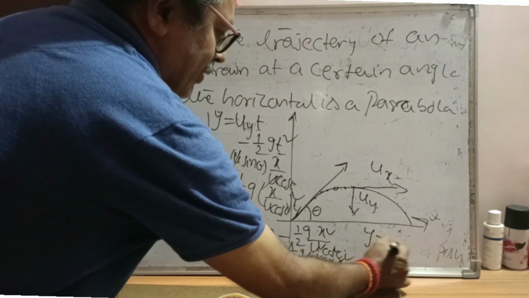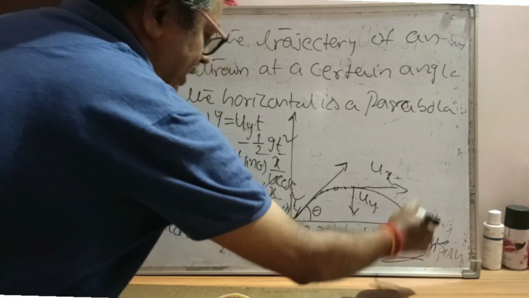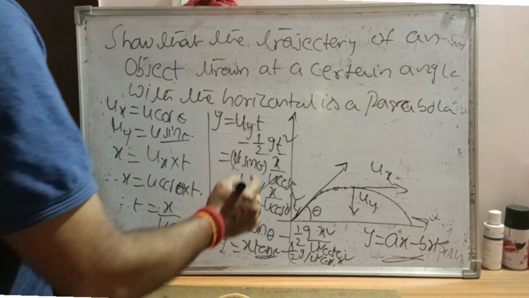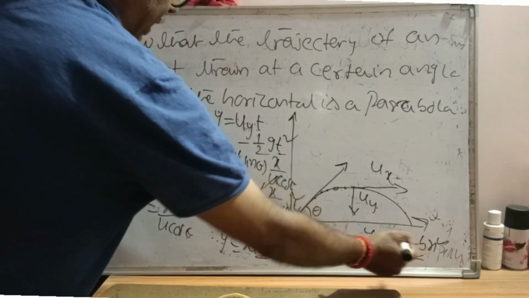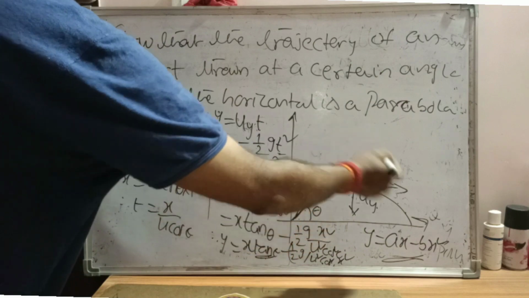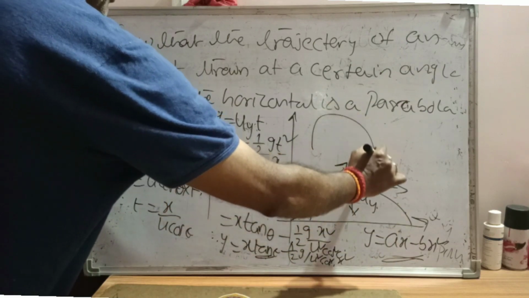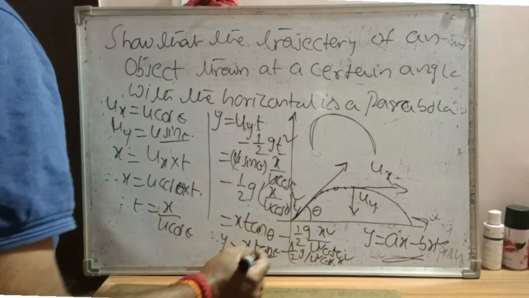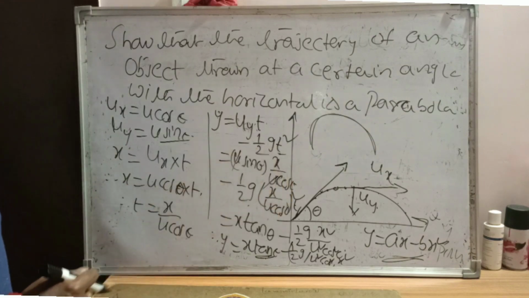Now the equation is in the form of ax minus bx square. Therefore, this equation represents that the path of the trajectory is a parabola. Here the minus sign indicates the parabola opens in this direction. Therefore, y is equal to ax minus bx square represents a parabolic equation.